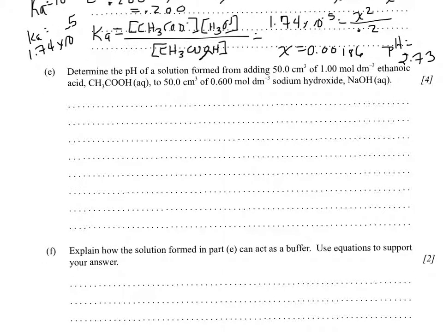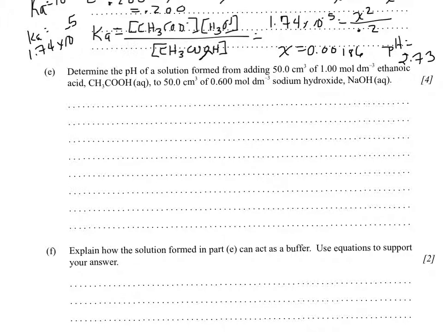Okay, so now the next question is to determine the pH of a solution formed by adding 50 centimeters cubed of a 1 molar ethanoic acid to 50 centimeters cubed of a 0.6 mole per decimeter cubed sodium hydroxide solution. So this is going to set up a buffer because I'm going to be left with acid and its anion in the same solution, right?